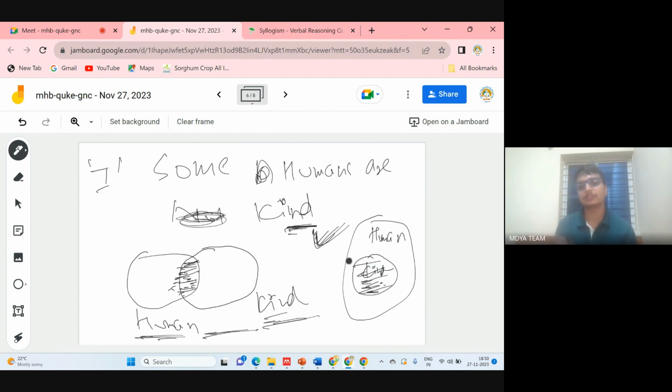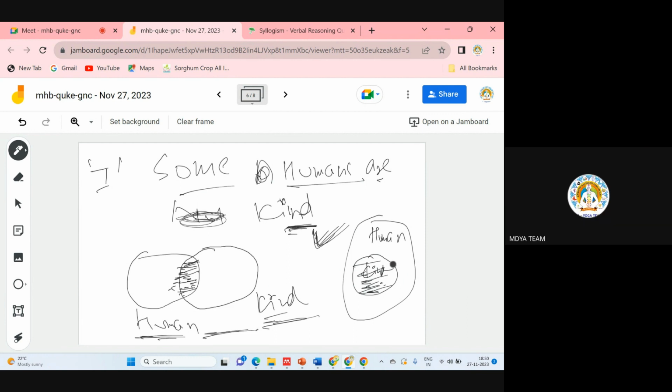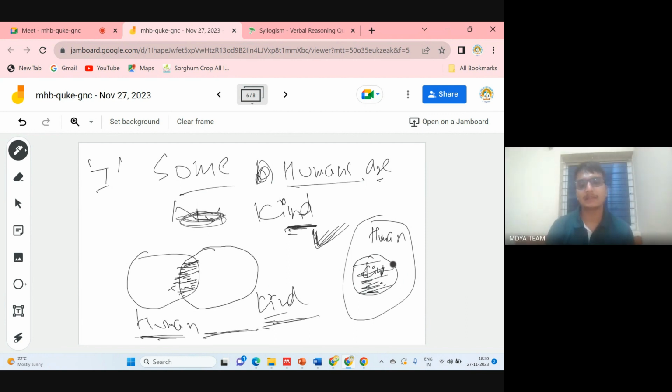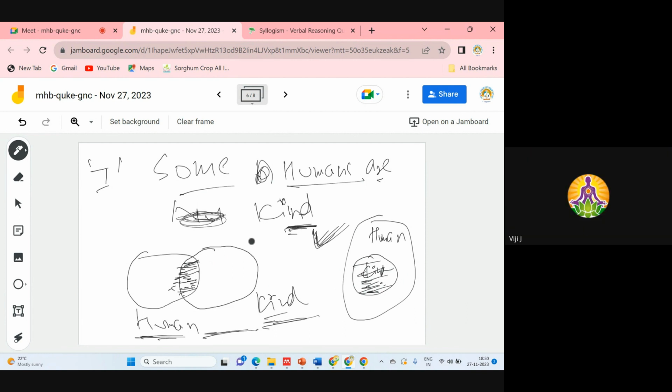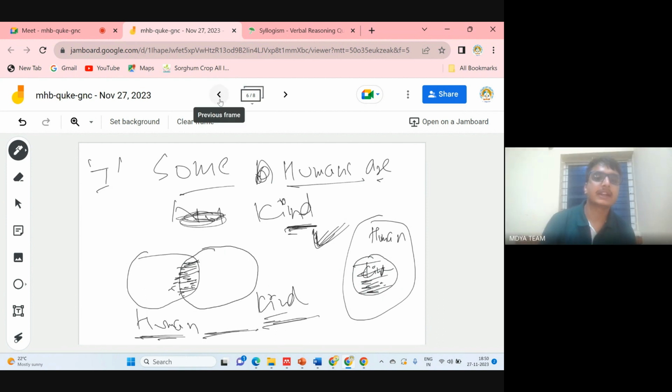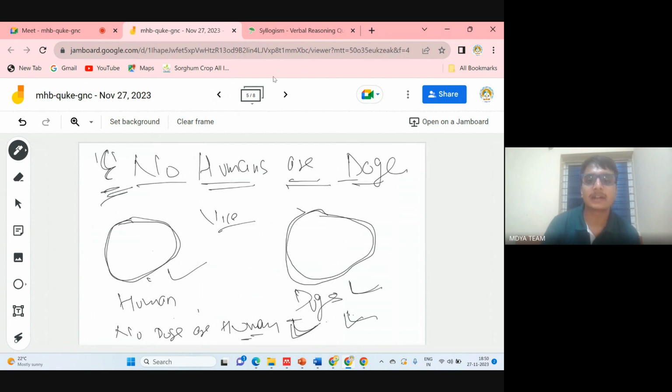If we have only this statement, then also it represents that some humans are kind. Anyone having doubt with this Venn diagram? Then, sir, for the A type also the same condition will be applicable, no? For A type, the same diagram we are making.